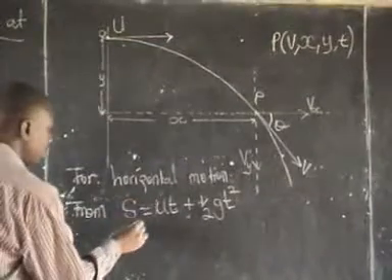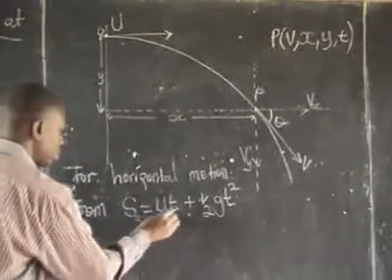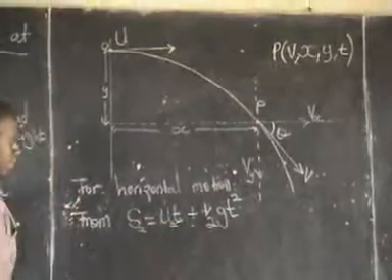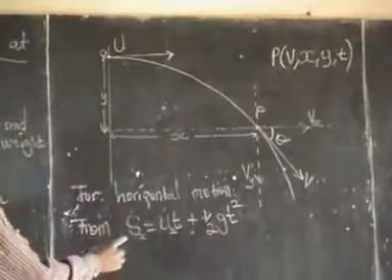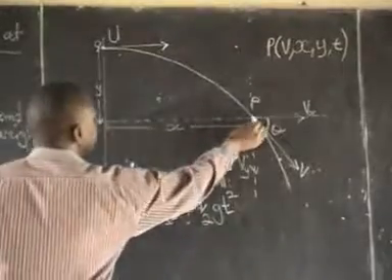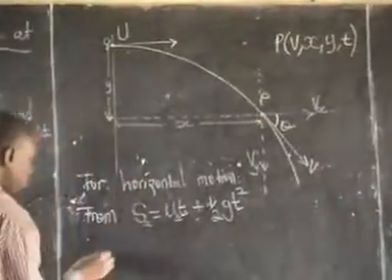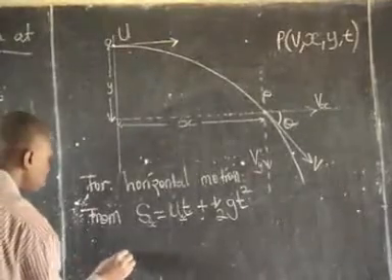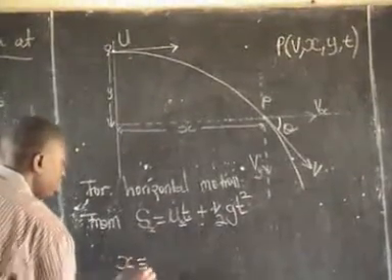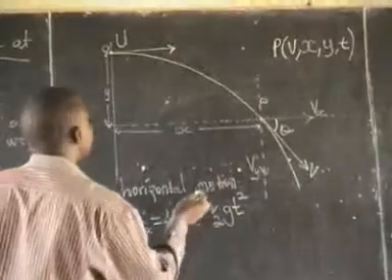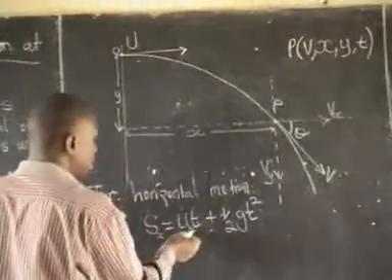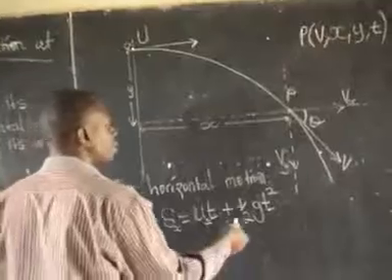To show that I'm dealing with the horizontal, I'm going to put this in subscript. So in this case, Sx, if the body started from point O and is at point P, we shall have our Sx, which is x, equal to Ux t. Here Ux is the initial velocity.